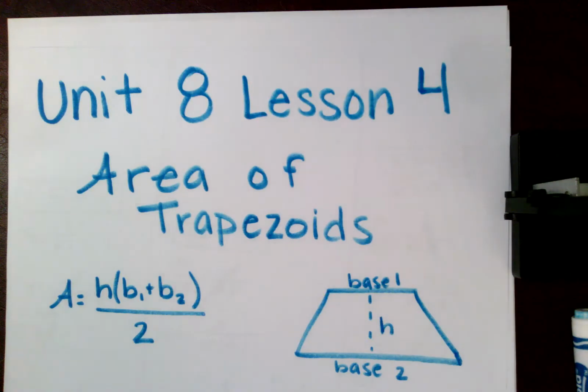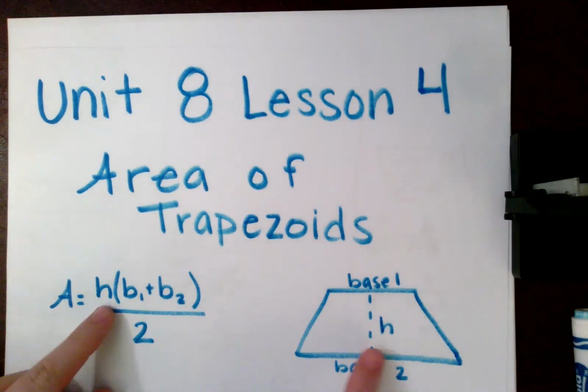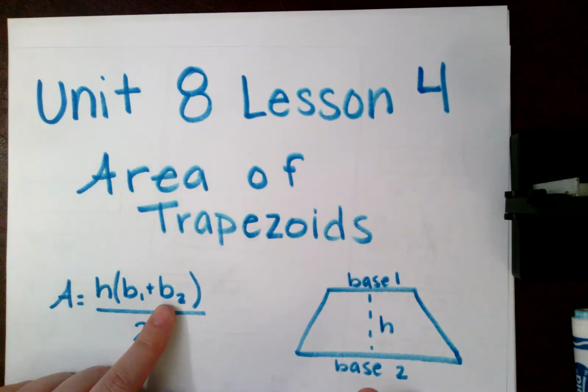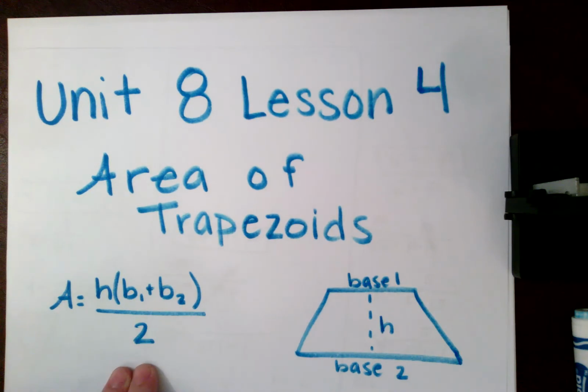So in this video, we are going to be reviewing Unit 8, Lesson 4, the formula for calculating the area of a trapezoid, which is area equals height times the sum of base 1 plus base 2, all of that divided by 2.